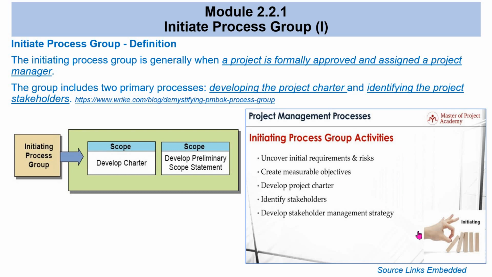And once you go through these activities, they end up in the charter, and you know a bit of your scope and also your stakeholders and who they are. And this is what you do with the Initiate Process Group.